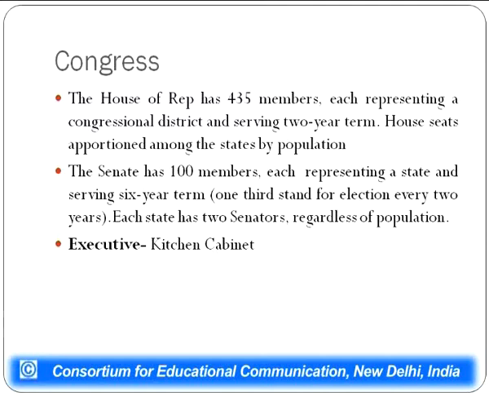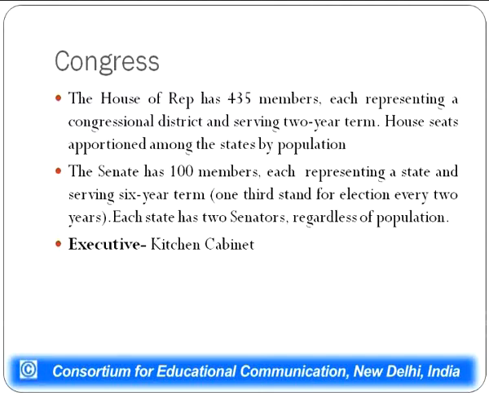And the Senate is unlike the Indian Rajya Sabha, where members are returned on the basis of the size of the state. In the US, surprisingly, the Senate has 100 members.